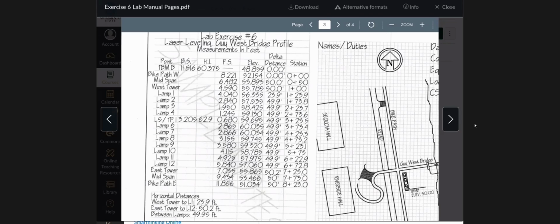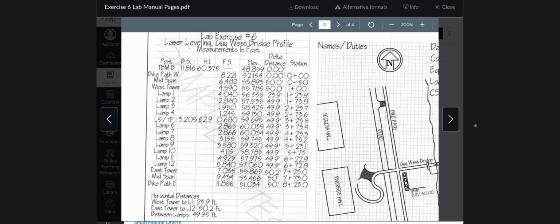There's no reason to have to move the instrument to the other side of the bridge to take measurements on the east half. We can do it all from one setup now. So disregard that turning point one and that second back sight and that second height of instrument. You won't have that. You will only have one. So just disregard TP1 there at lamp 5 and the back sight and the foresight. That will not be there. Okay.